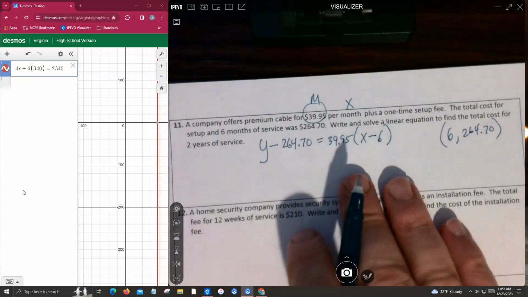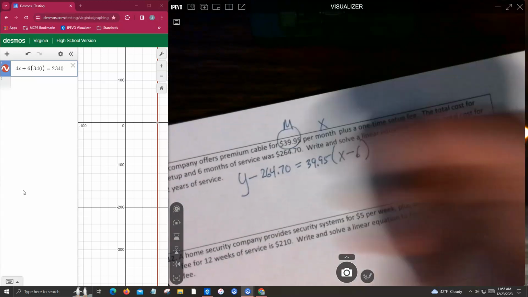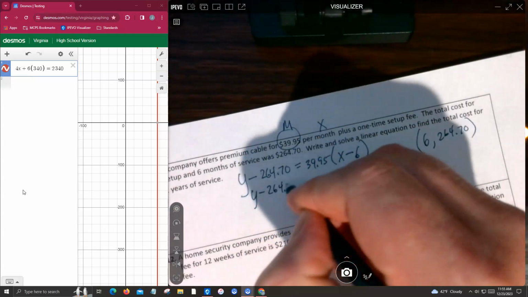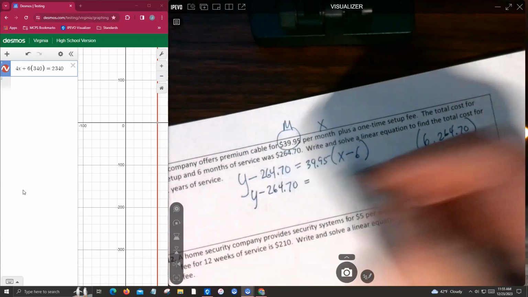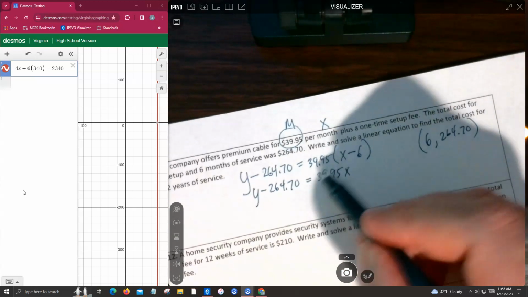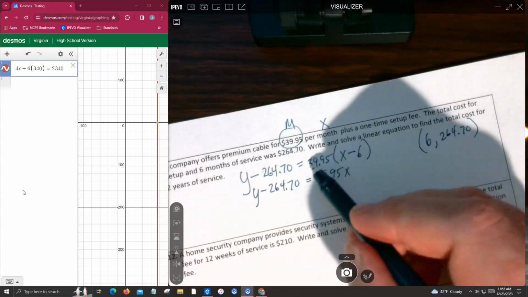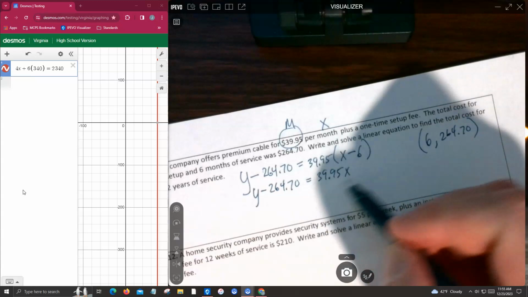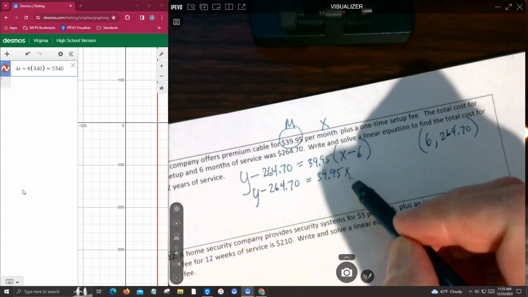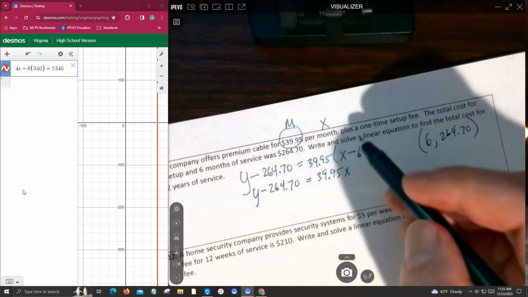Now I'm going to solve this thing. So let me clean this up. y minus 264.70 equals 39.95. What's nice about this is all this first step does is put the 39.95 next to the x, which makes it the rate. So now I know that my rate is 39.95 times x, which is what I have up here anyway.